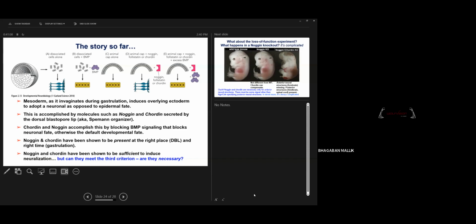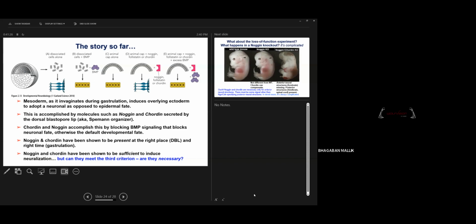Because you have the formation of the anterior posterior axis during development, you have the anterior nervous system and the posterior nervous system, like the hindbrain. Are noggin or chordin sufficient for development of the whole anterior posterior axis? I'll be talking about that soon.